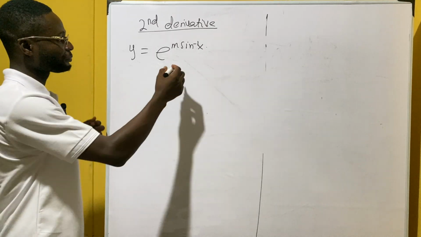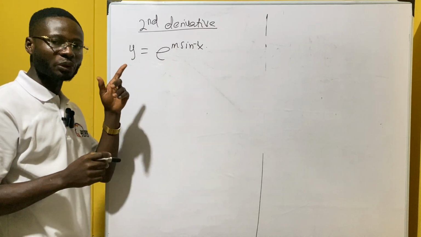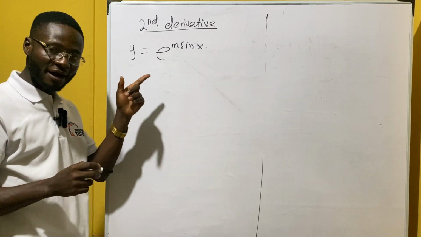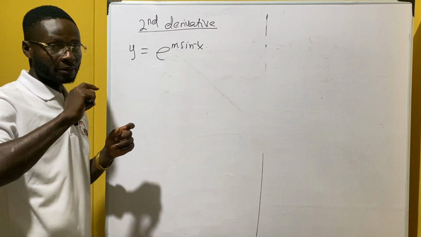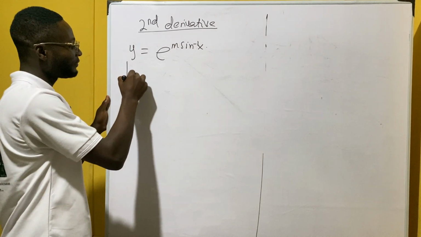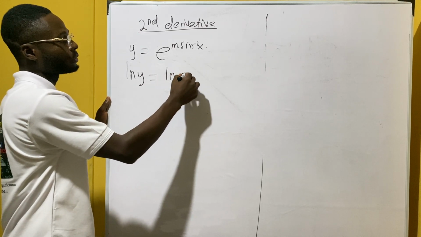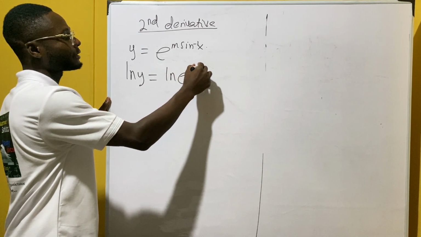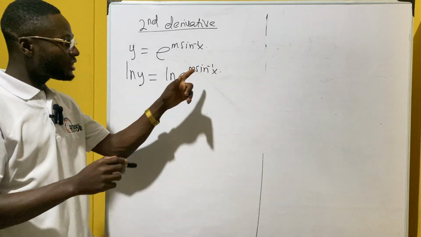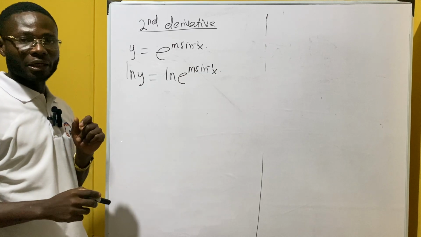Before we can tackle this particular problem, we have to adjust the function. In so doing, we have to introduce the natural log to both sides. So when we do that, we have ln y is equal to ln of e power m sine inverse of x, so that we can drop this exponent and then we can work.